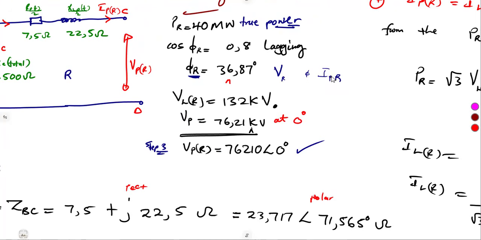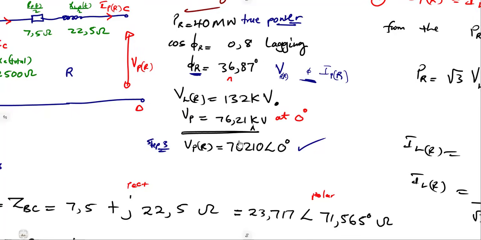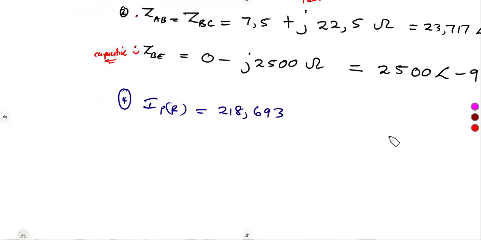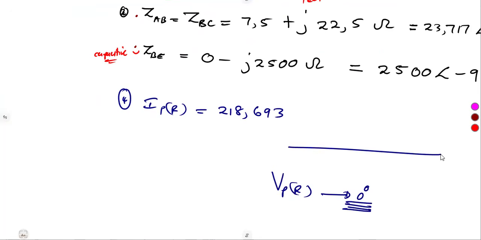If you're dealing with the phase values, it is one and the same thing between voltage and current. We have a lagging power factor, so current lags voltage. Remember, the voltage for the receiving end is the one that we took at 0 degrees as the reference.